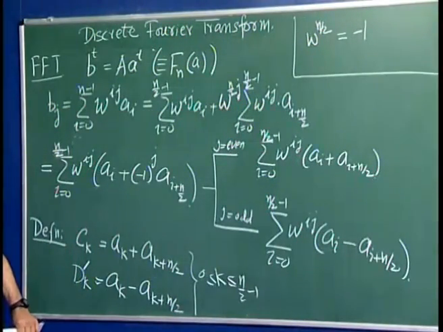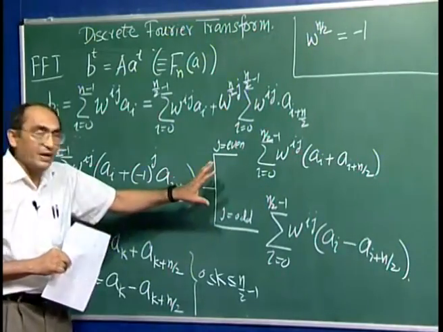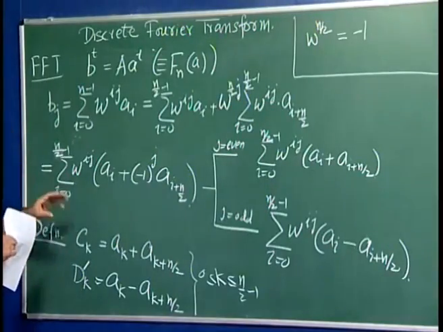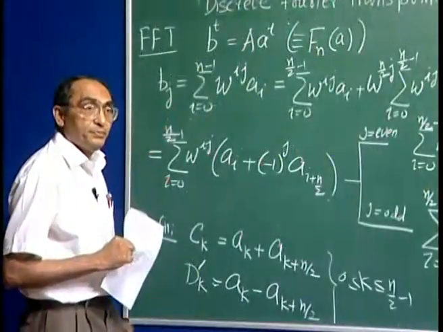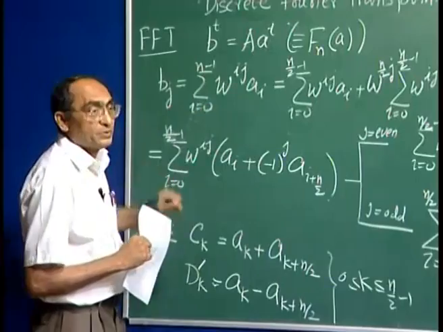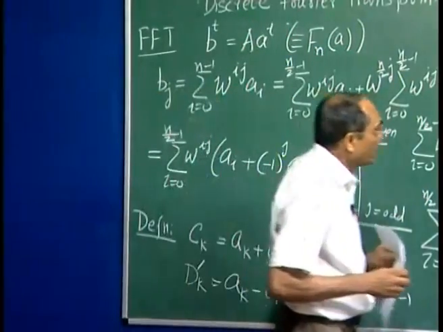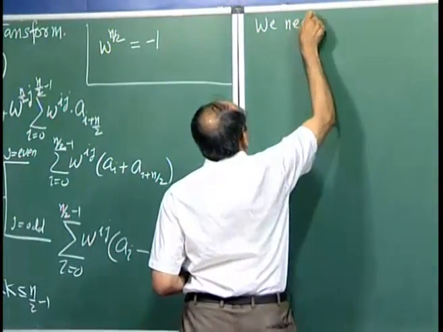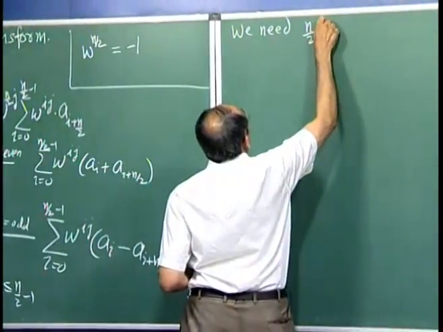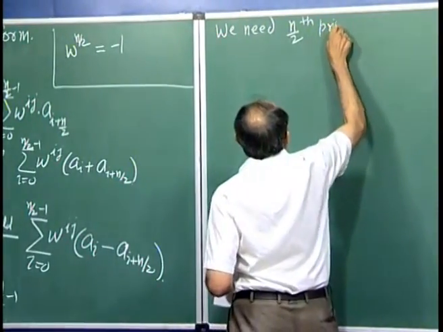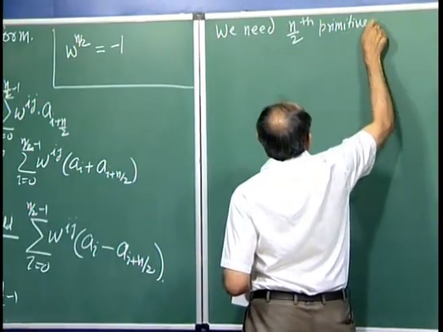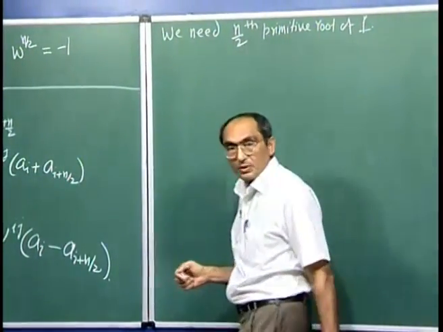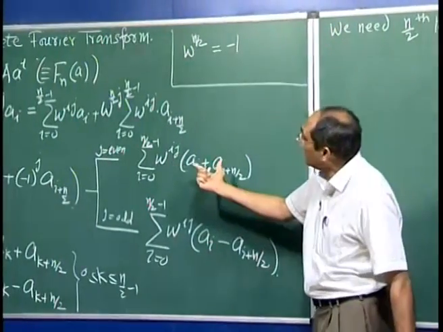But when you talk about the Fourier transform of an n by 2 component vector, then we have to have a suitable primitive root of unity. So, now we need an n by 2th primitive root of 1 in order to define a transform of half size.